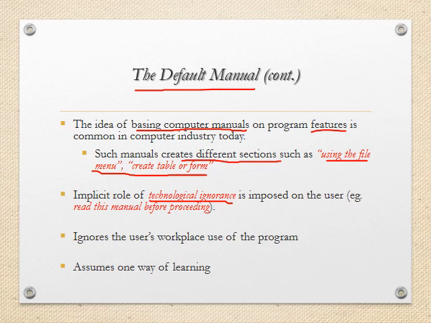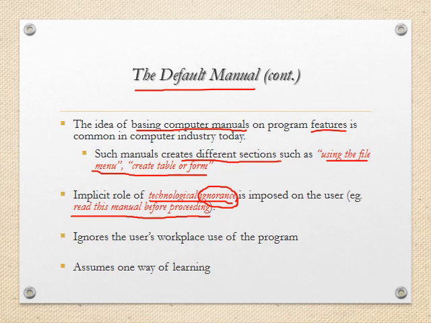And this kind of document or manual might have sections like this: read this manual before proceeding. This kind of statement assumes that the users are ignorant in their software.